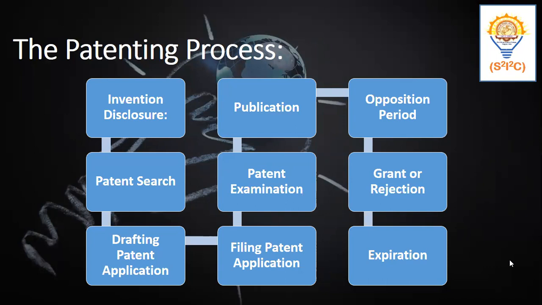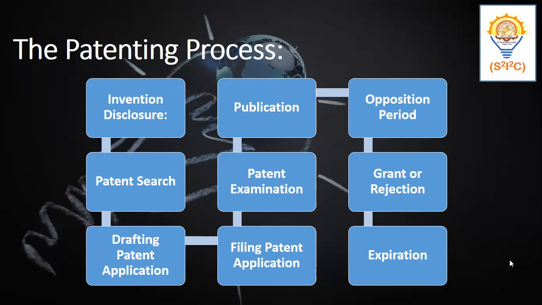Or, without that, you just disclose your idea to the patent office, which is also known as the provisional specification. After filing the idea, go for a patent search to check its novelty.